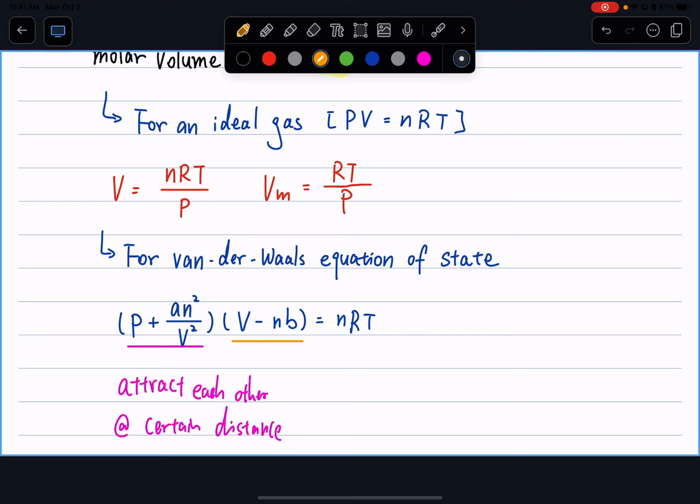And if you treat gas molecules as little solid balls, they will also repel each other. Taken together, you have a different equation of state describing the Van der Waals gas, which is more closely related to what is experimentally observed.